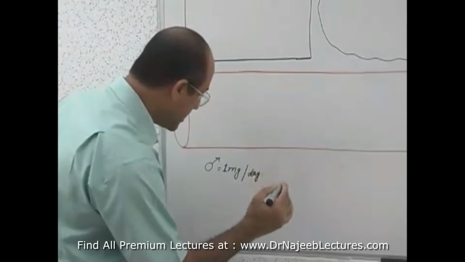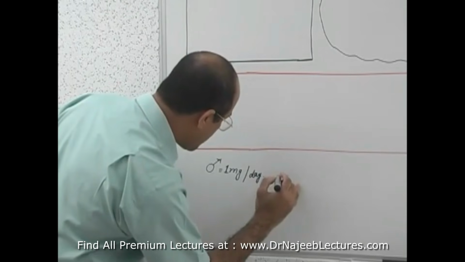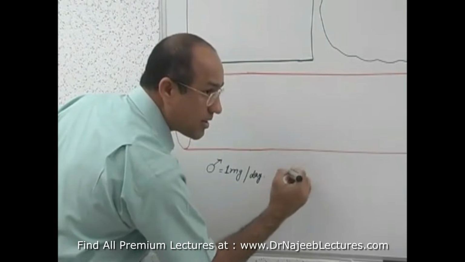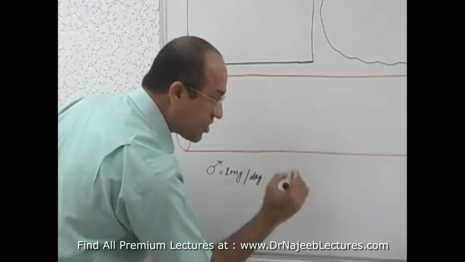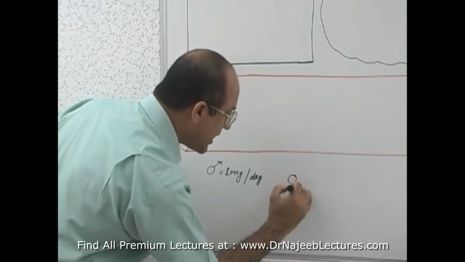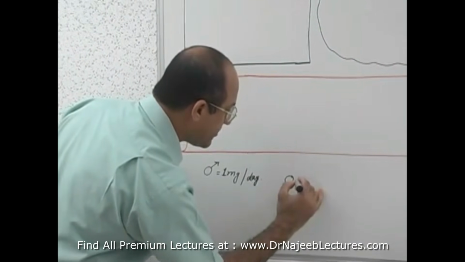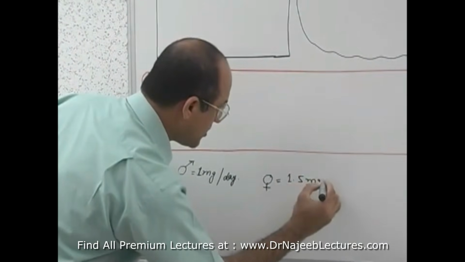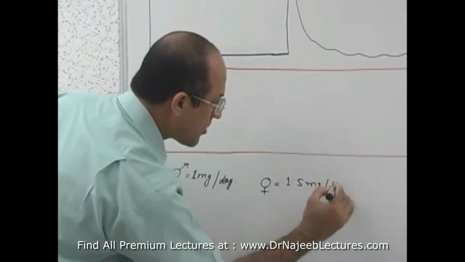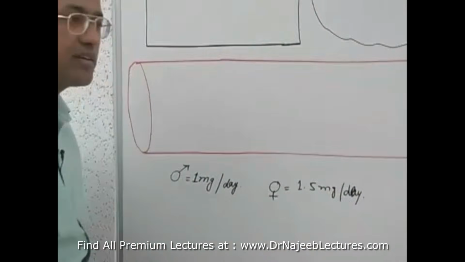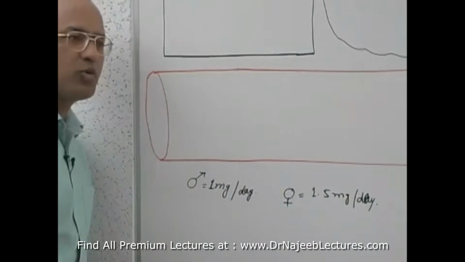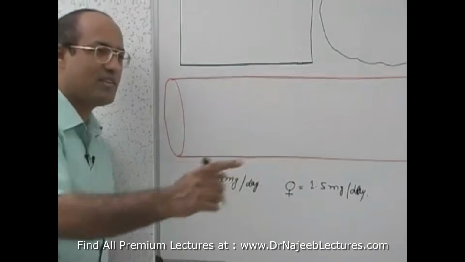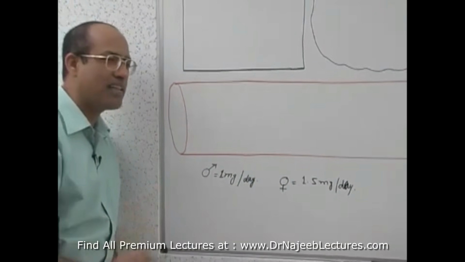And on average, human females require per day iron which should be absorbed is more than male, that is about 1.5 milligrams per day. Is that right? Now, where the males are losing iron, I think this young friend is going to tell me where the males are losing iron.